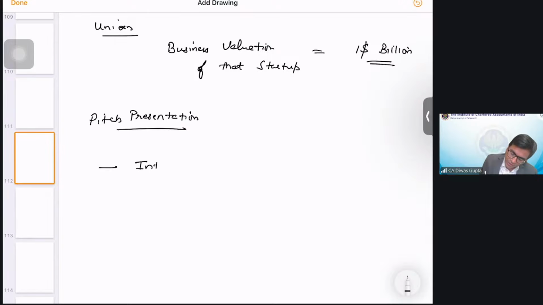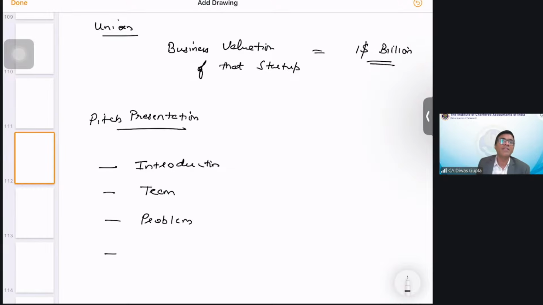It will cover a brief introduction about the promoter, right? A brief introduction about the startup, because if you see a startup, the face of the startup is actually the promoter. Okay. Then about the team, who all are part of the team, what is the problem that they have envisaged and are working towards, right?